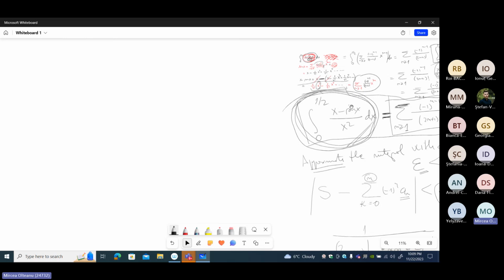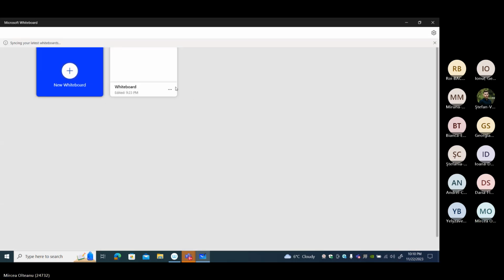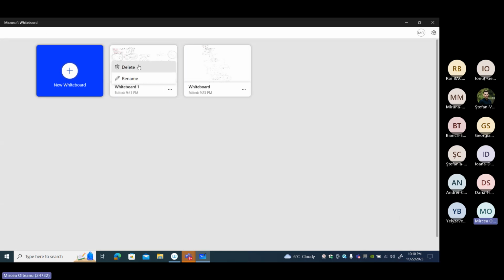Okay, so let's see another type. For example, to compute the sum of a power series and to find its sum. Here, the basic result is about the sum of the geometric series.